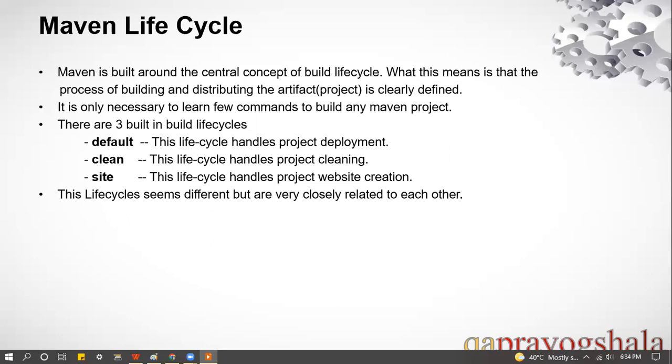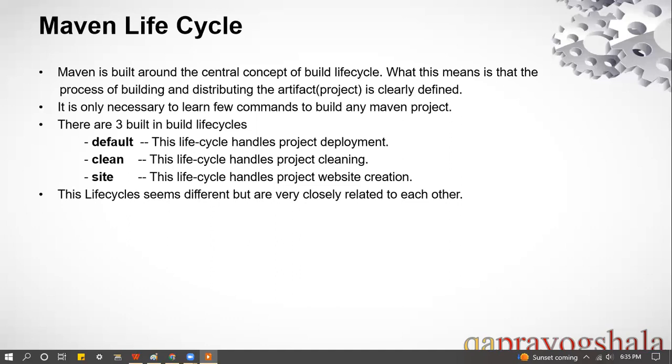So in that case, we need to clean the previous build, or in other words, we need to delete the target folder. The clean life cycle basically will delete the target folder. This life cycle handles the project cleaning. These things will be clearer in the next episode when we go through some of the Maven commands.